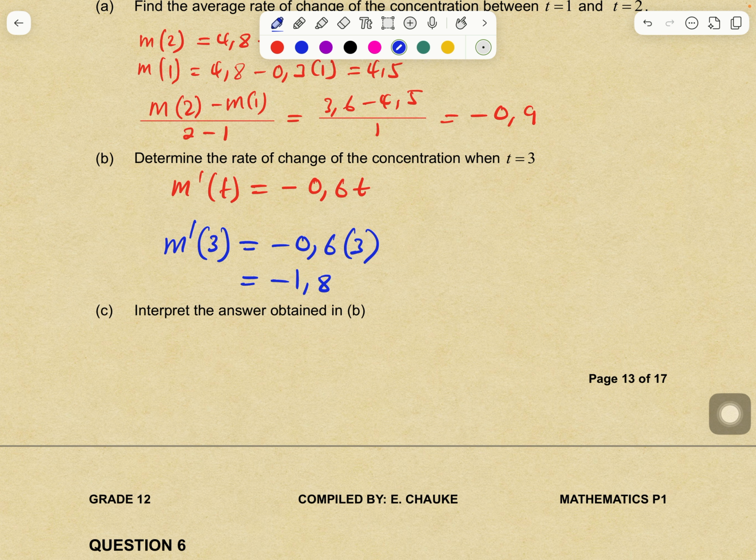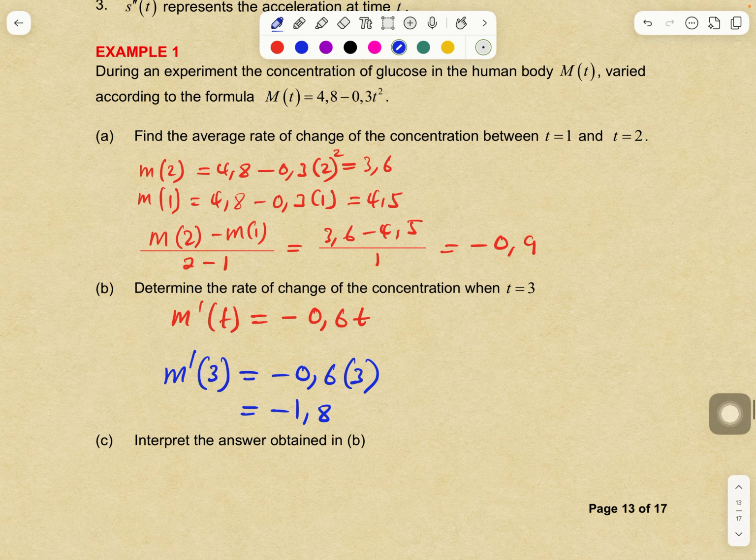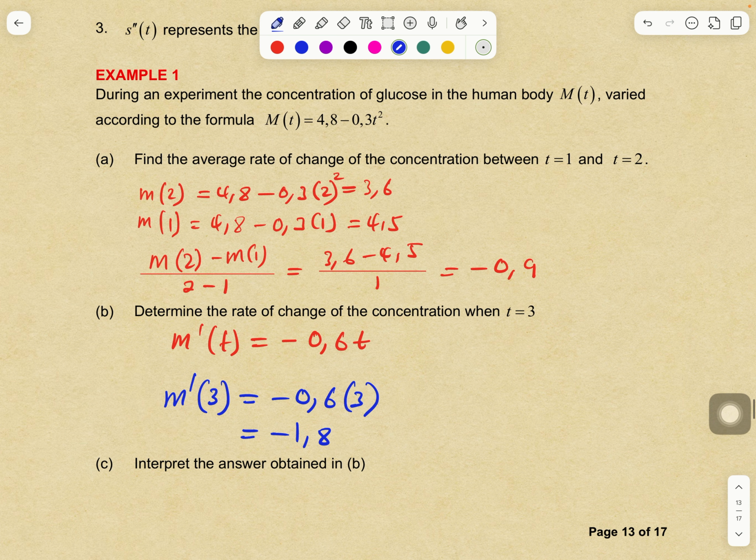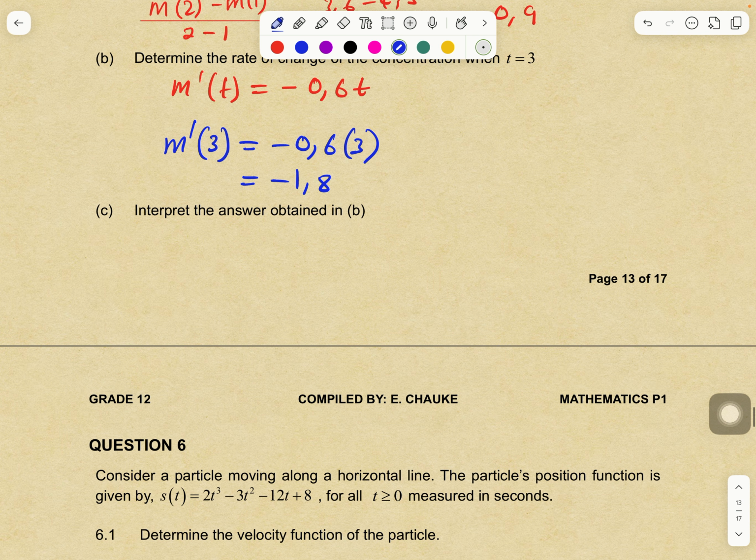Now, they say interpret the answer obtained in B. So we find F prime at a point to be negative. What does it mean? In calculus, it means that the concentration of glucose was decreasing, because you will remember that F prime at X greater than 0 means increasing, and F prime at X less than 0 means decreasing.